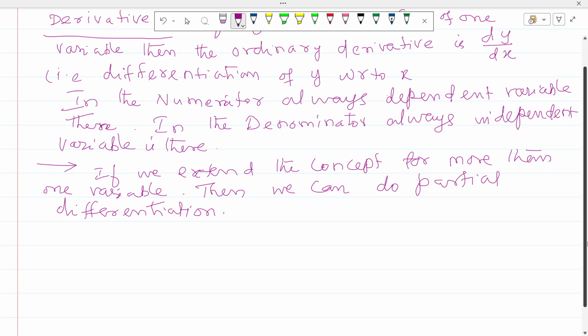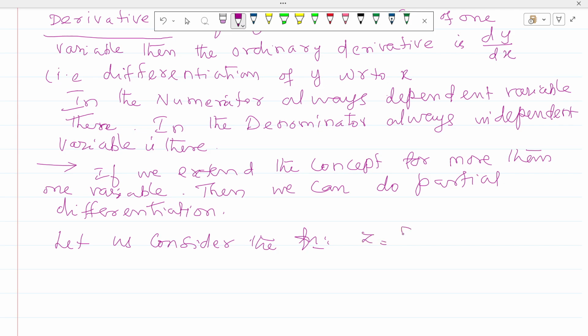What is meant by partial derivative is that, in case, let's consider the function z equal to function of x comma y.